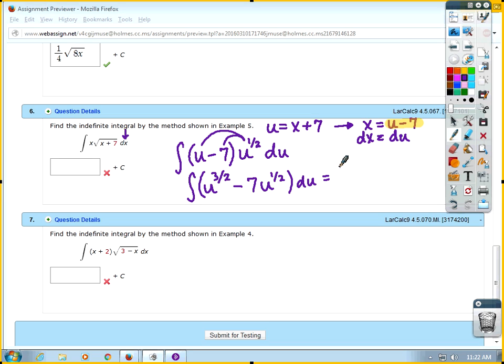So add 1 to 3/2, which would be 5/2, and divide by 5/2, which is multiplying by the reciprocal. So 2/5 u to the 5/2. Okay, add 1 to 1/2, which would be 3/2. So multiply by 2/3, and then the 7 times 2/3 would give us 14/3.